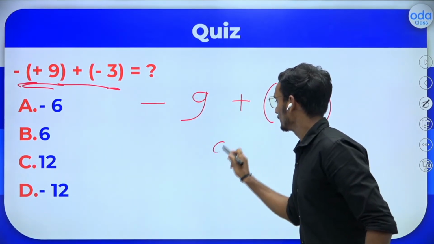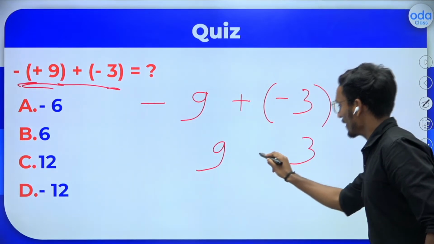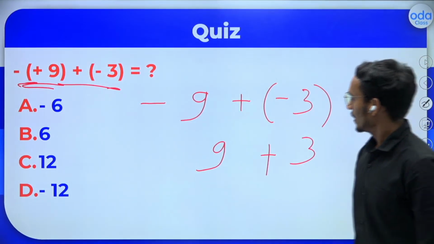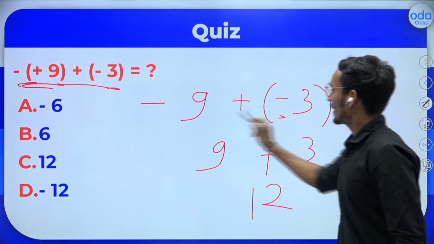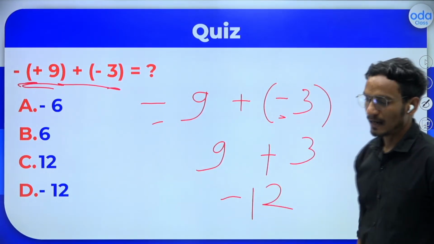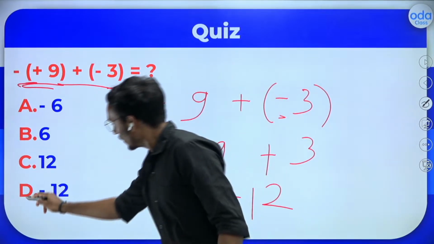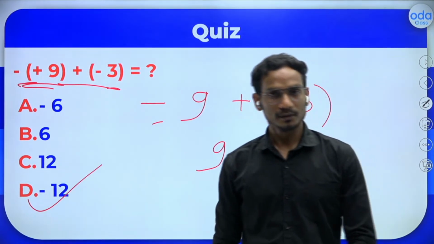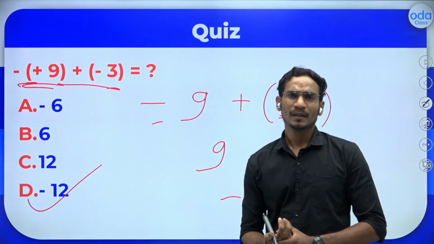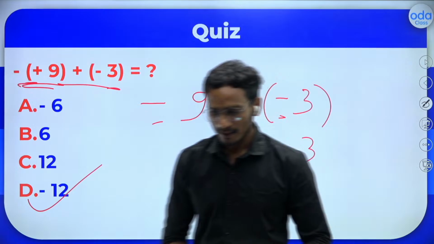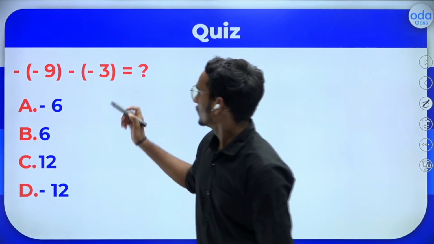We take the numbers 9 and 3, we add them. So 9 + 3 that is equal to 12 and we give the common sign. Common sign कौन सा है? Minus. Answer is -12. Option D इसका करेक्ट आंसर होगा. I hope this is clear to everyone. बहुत इजी है. अगला क्वेश्चन करो.